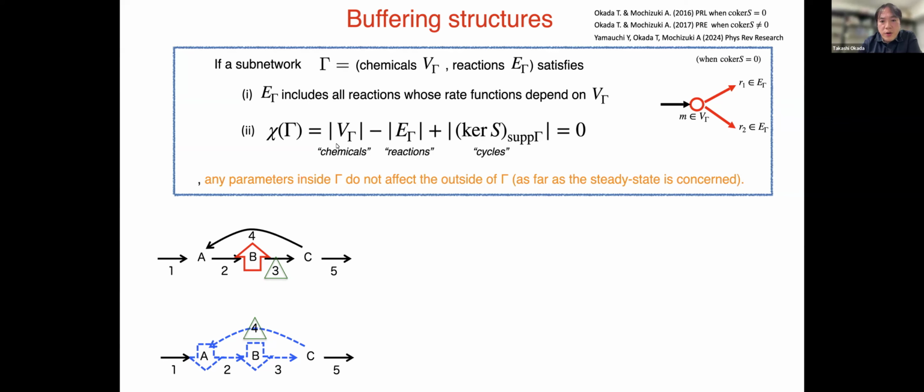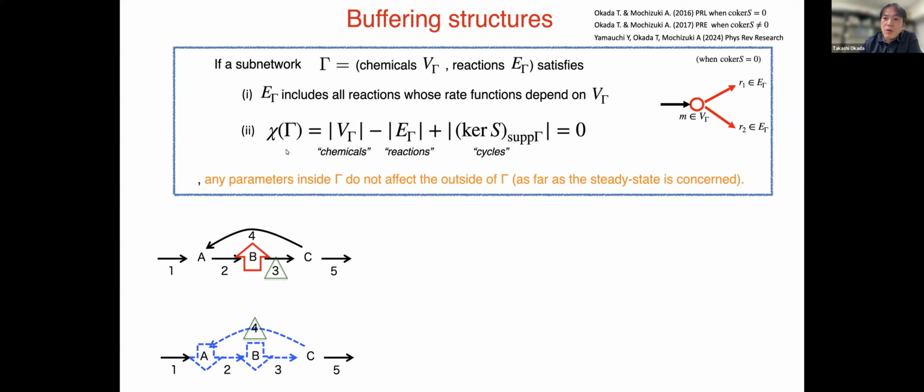And second, we calculate a kind of index, which is defined as the number of chemicals inside gamma minus the number of reactions inside gamma plus the dimension of the kernel space inside gamma. And roughly speaking, the last term counts the number of cycles inside gamma. This formula is very analogous to the Euler characteristic in graph theory.